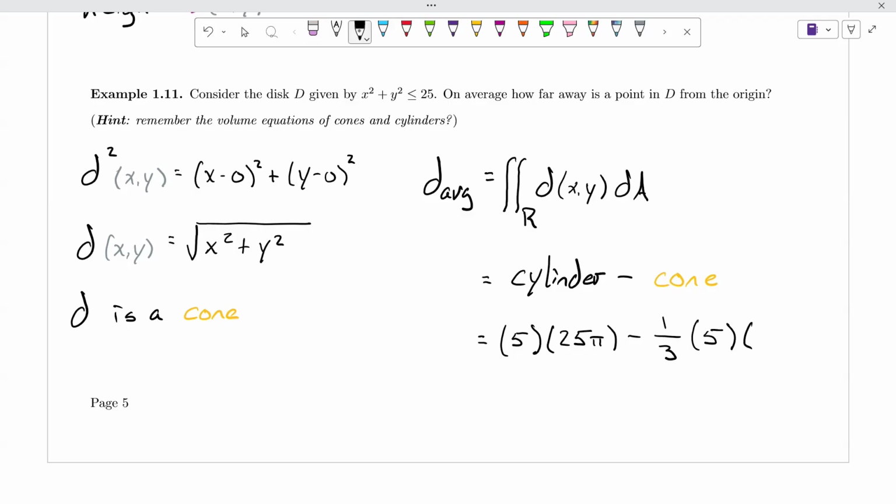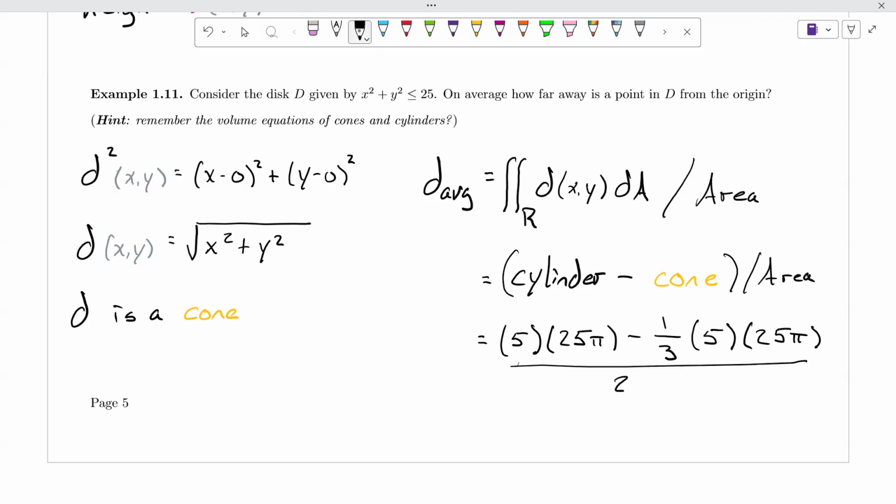So 1/3, 5 times 25 pi. And of course, I forgot to divide all this by the area. So let me just do that at the end. Divide this whole thing by 25 pi to get an average value. And it's going to be 2/3 times 5. Which I'll leave that part as an exercise, but probably I think you can get there.